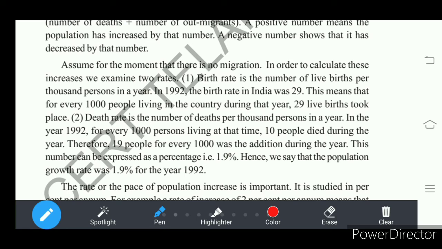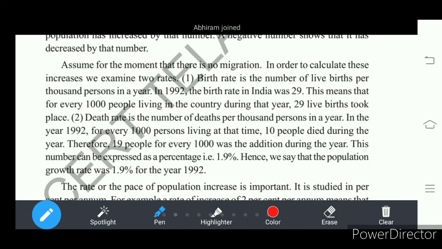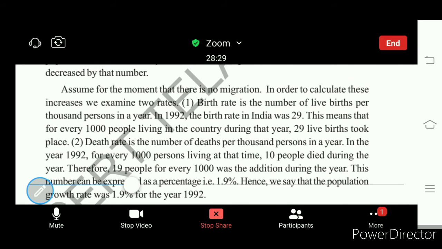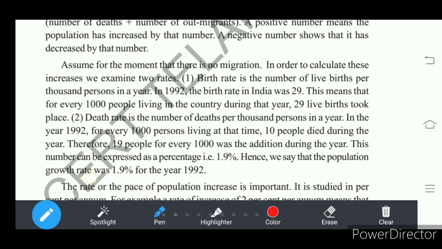So in 1992, what is the percentage of the birth rate? That is 1.9. Okay, 1.9 is the growth rate of the population in 1992. Understand? So what was the growth rate of population? Growth rate of the population is expressed in percentage.